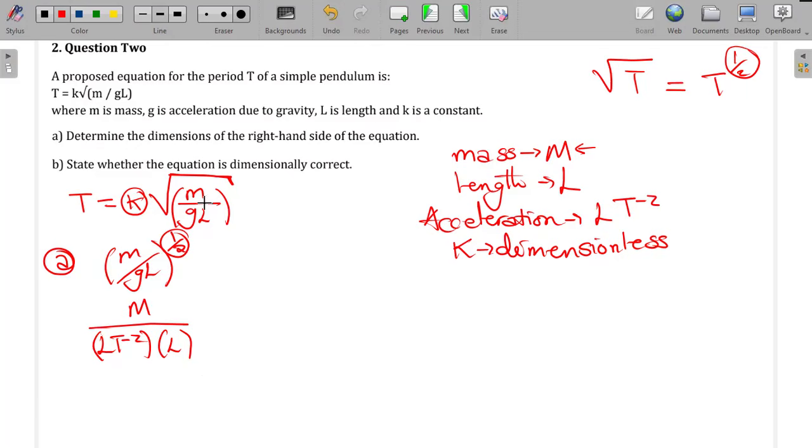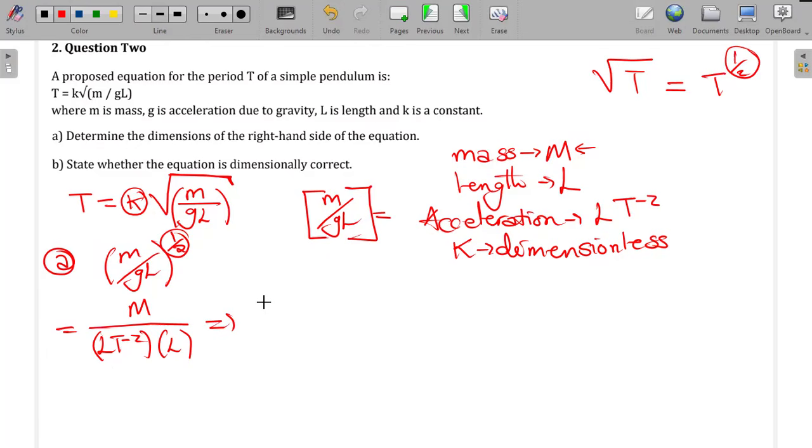We're showing dimensions of the right-hand side, which means on your left-hand side you're supposed to put your value in square brackets to show that what you are solving for is to find the dimensions. So in this particular case, you just say the dimensions of M over GL will be equal to, then you put this on your right-hand side. That is what we do. Don't forget the square brackets here because they might mark you wrong.